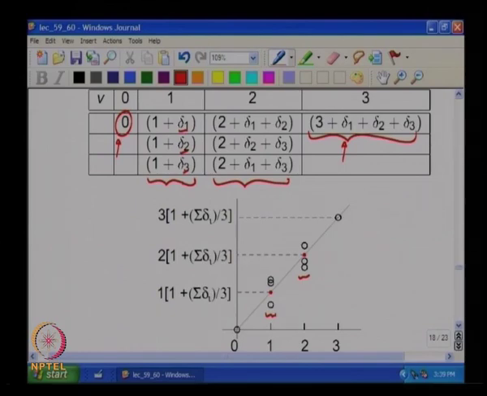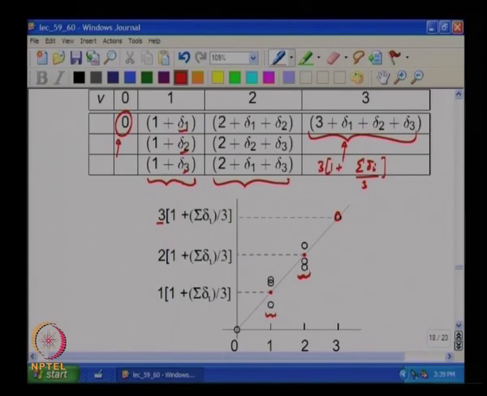Now, the interesting thing is that if you look at the center of gravity of each of these levels, what is the center of gravity of this? There is only one level. So, that will be 3 times (1 plus delta 1 plus delta 2 plus delta 3) by 3. I have just written this as 3 times (1 plus sigma delta i divided by 3). Now, what is the center of gravity of these 3 levels?